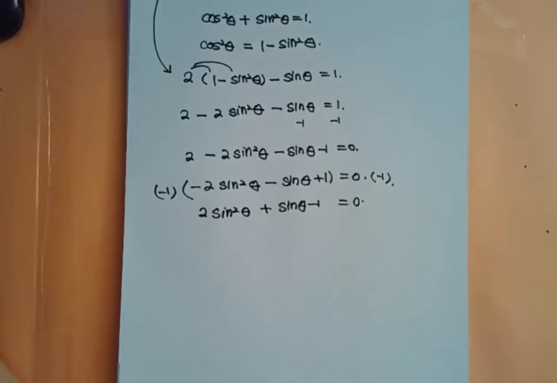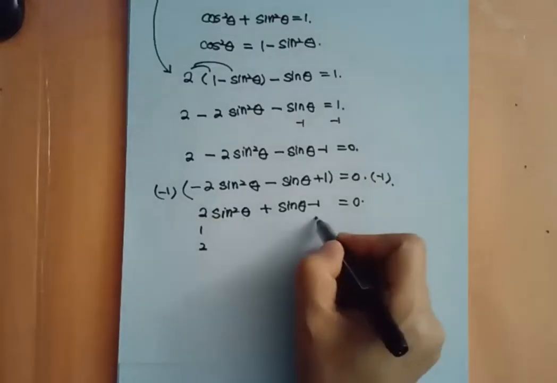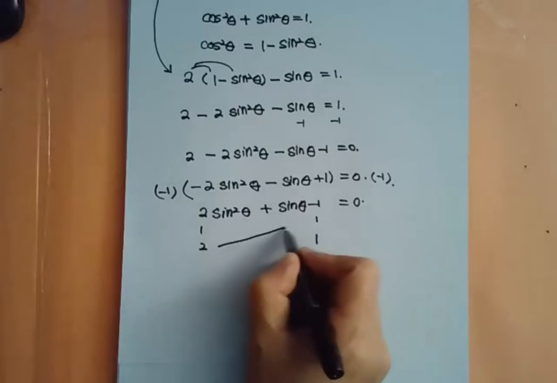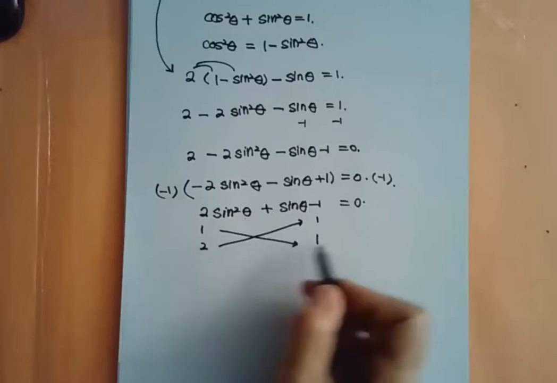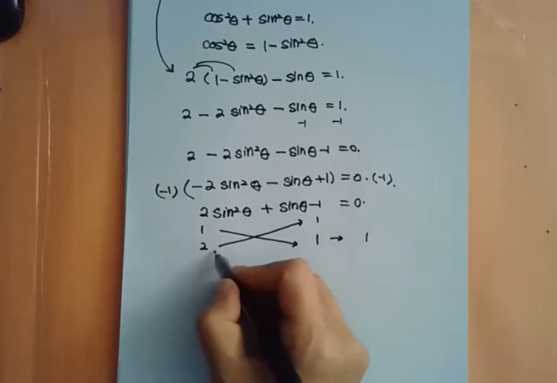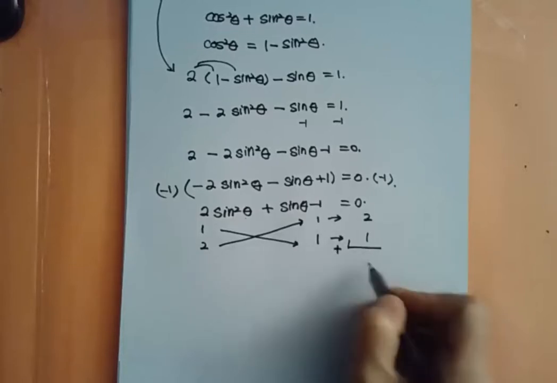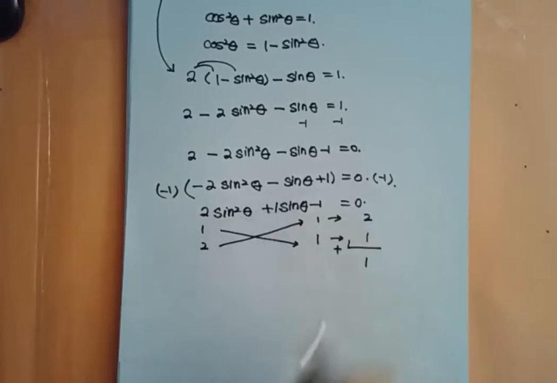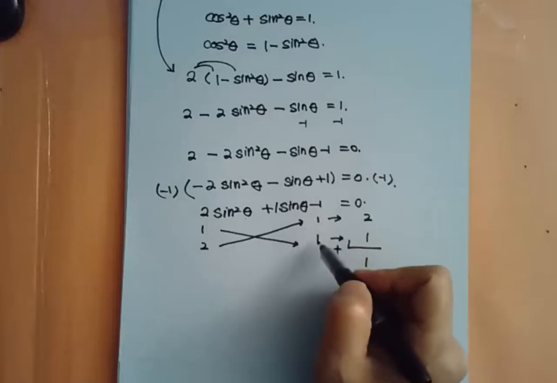So we have to factor. 1 times 2 and 1 times 1. So 1 times 1 will make 1 and 2 times 1 will make 2. And when we combine them, we have to get 1, so this is negative 1. One of them must be a negative number.